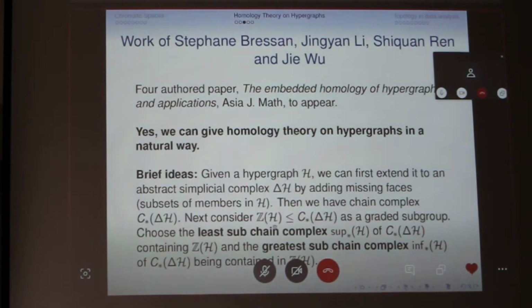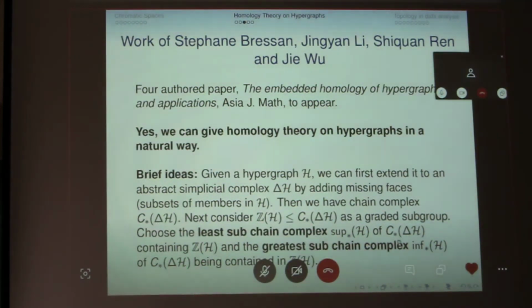Look at this graded subgraph inside the chain complex and take the smallest chain complex containing it. So that is one way, which we call the upper one. On the other hand, zero is of course in the chain complex below, so we move up to take the graded largest subchain complex contained in CH.